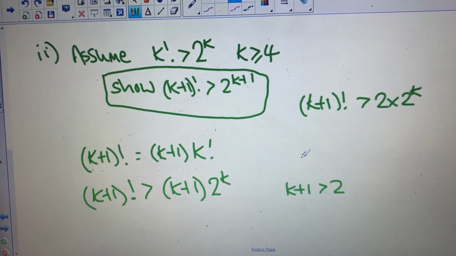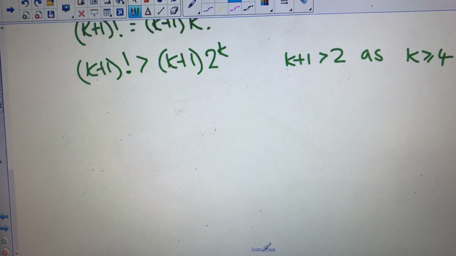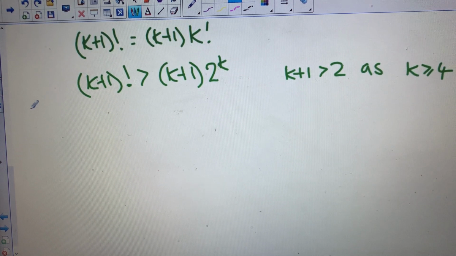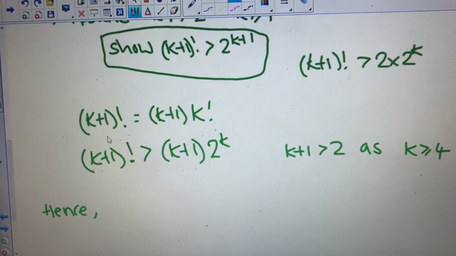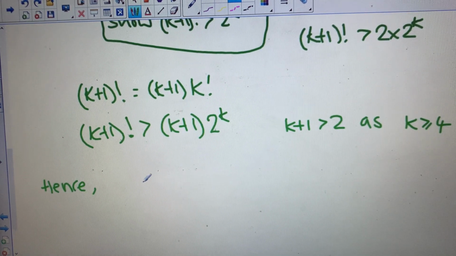And of course it is, because k is greater than or equal to 4. So I've shown it, haven't I? I have shown that k plus 1 factorial is greater than 2 to the power of k plus 1.